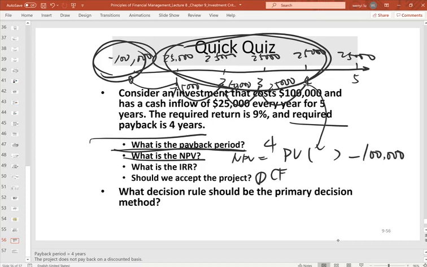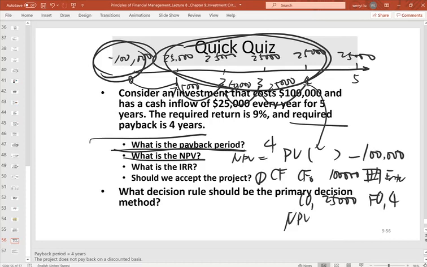So CF0 equals what? Minus 100,000, enter. And C01, 25,000. F01, 4. Then NPV, I equals 9%, CPT. You can solve the NPV.